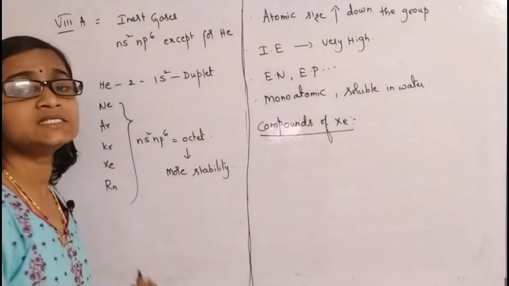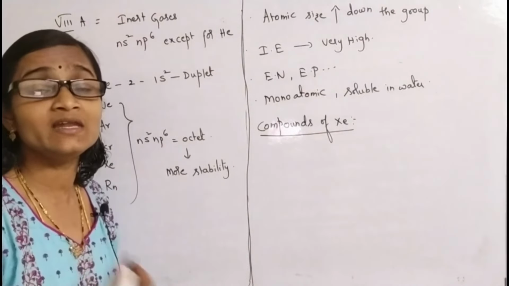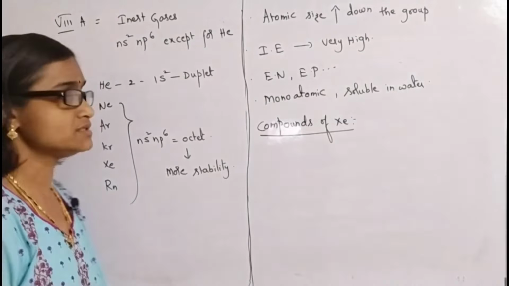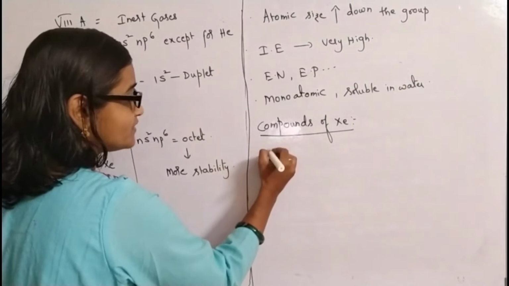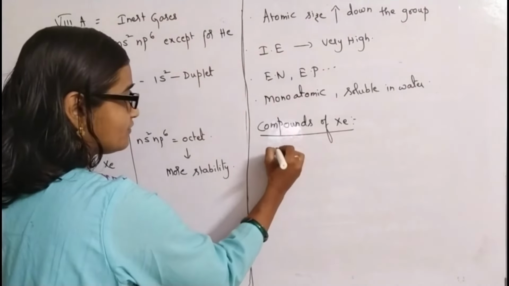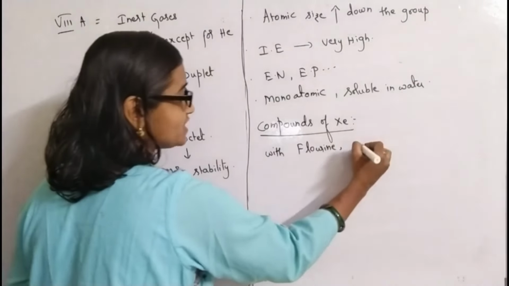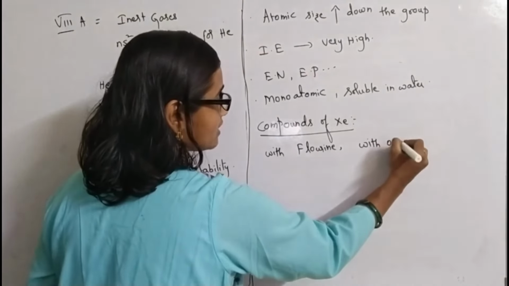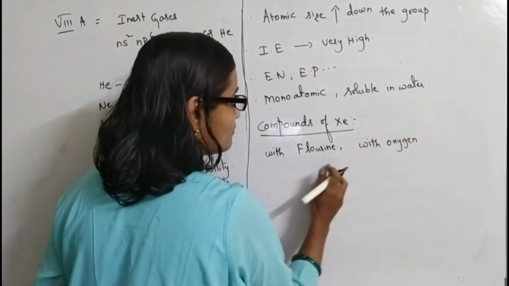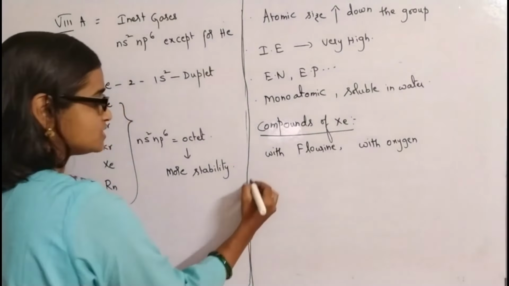Xenon is the only inert gas which can form compounds. It can form compounds with fluorine, and it can also form compounds with oxygen.